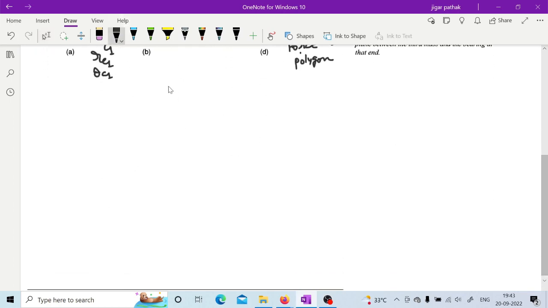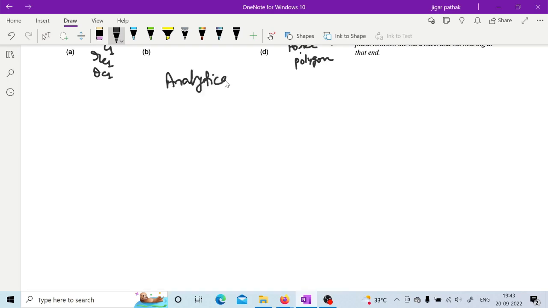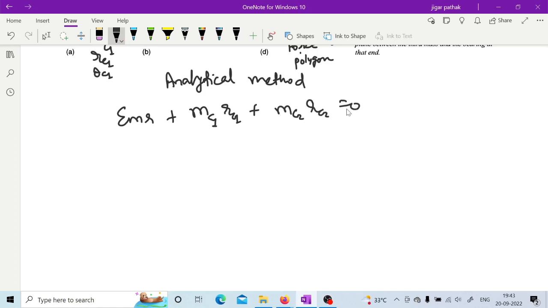Yeah. So here, if you go for the analytical method in this several masses case, then our equation would be like this: sigma mr plus MC1 RC1 plus MC2 RC2 equals to 0, right?